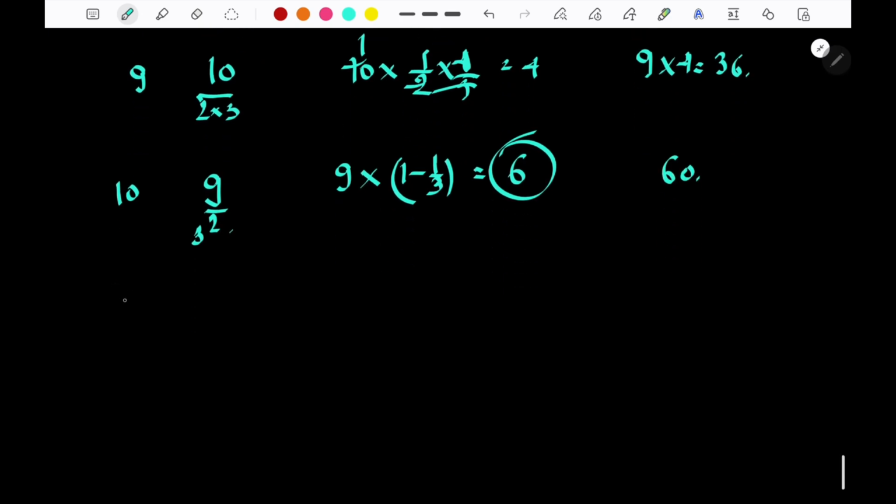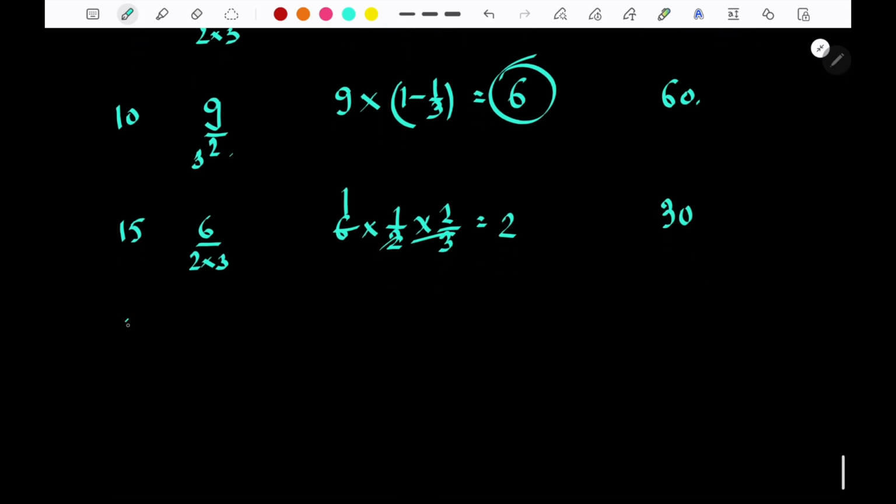Done. Now after 10 it will be 15. So this is 6, 2 into 3. So basically 6 into 1 by 2 into 2 by 3. Cancelled. Again this is 2. So total value is 30. Next 18. So this will be 5. So therefore number of integers that are co-prime to 5, so actually it is 1, 2, 3 and 4.